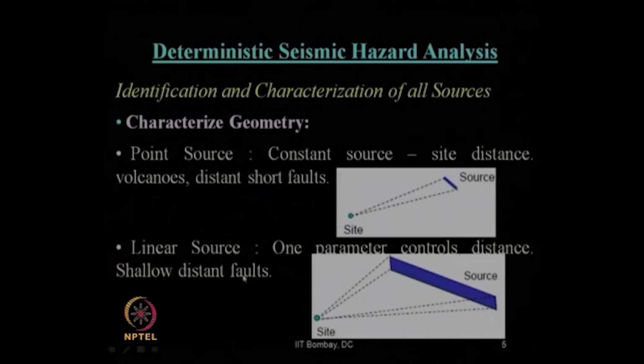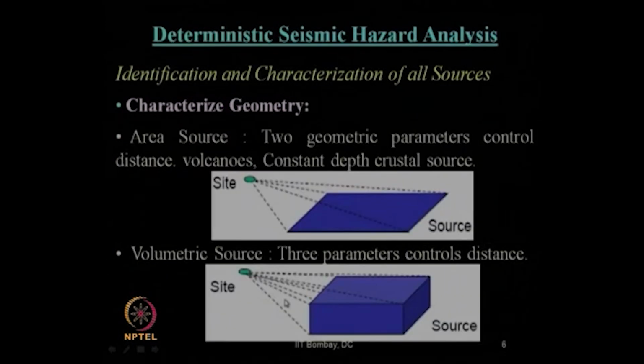For a linear source also we use only one parameter that controls, because it is in one dimension. Say, if we consider an x, y, z coordinate system, we can put it in just one coordinate by orienting our axis in that direction. Then another can be an area source, where two geometric parameters are required to characterize the source.